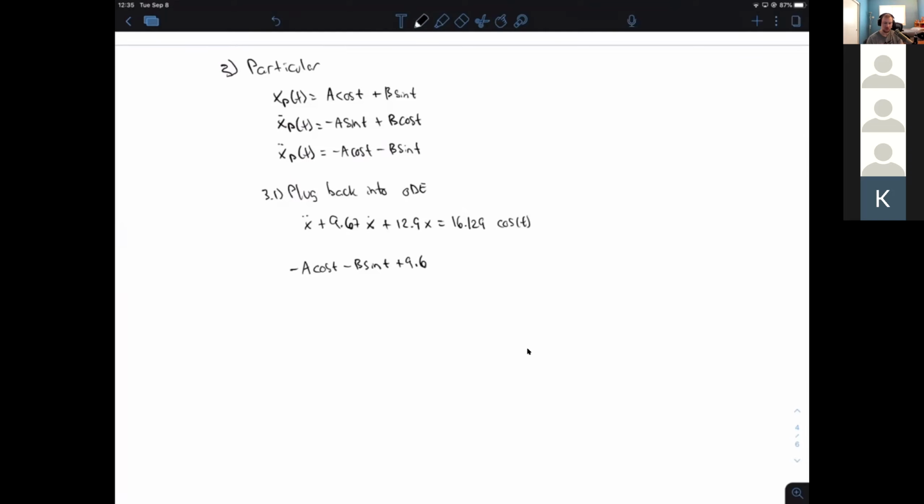So minus 9.6 a sine of t plus 9.6 b cosine of t plus 12.9 a cosine of t plus 12.9 b sine of t equals 16.129 cosine of t.